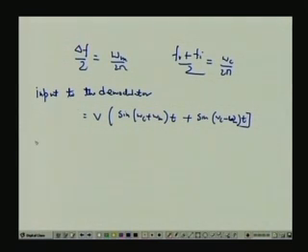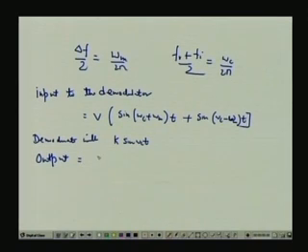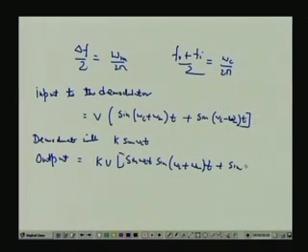If I demodulate with k sin omega ct, so the output of the demodulator will be kV sin omega ct sin (omega c plus omega m) into t plus sin omega ct into sin (omega c minus omega m) into t, right.